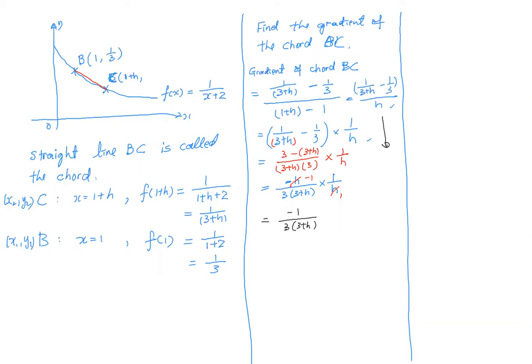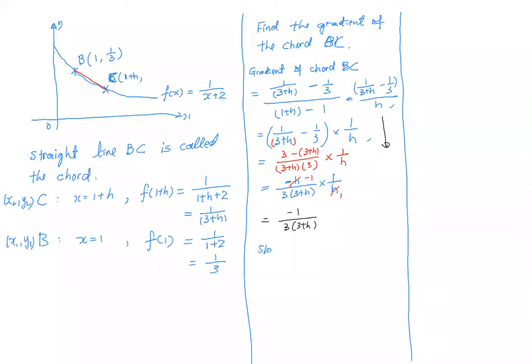Okay, so now what does the slope of a chord BC represent? Whenever we take the first point and the last point to calculate, in maths it is always called average rate of change.